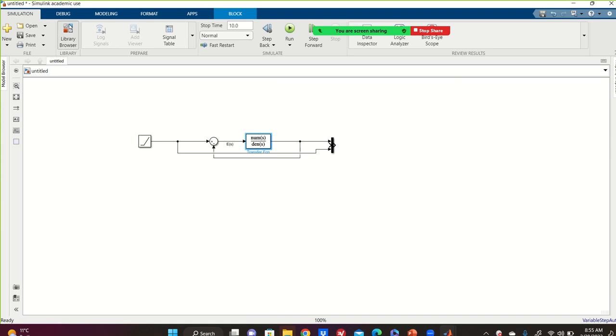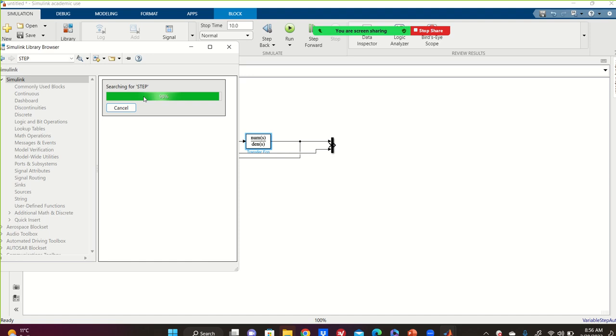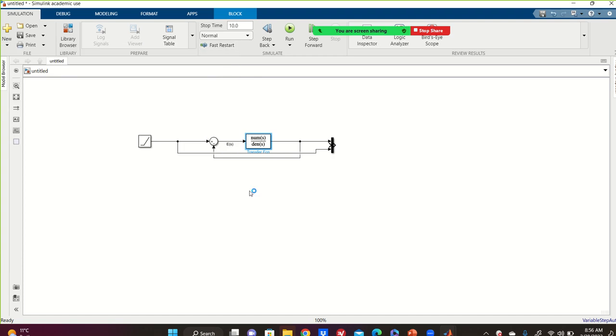Here we go. Please, as homework, try to change the transfer function and use ramp. What I'm doing here is step, and here is step. Okay, and I'm putting this here.